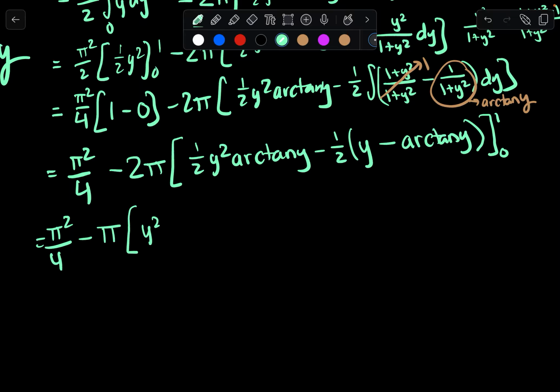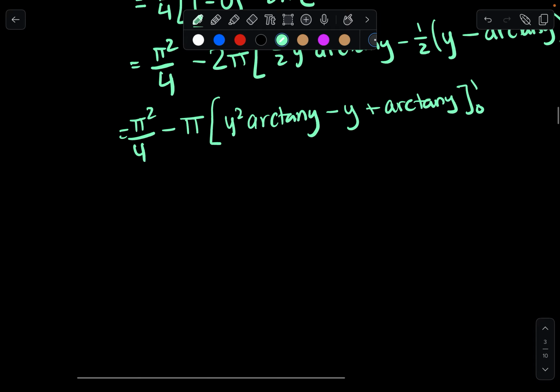All right, so we have y squared arctan of y minus y plus arctan of y. And we are evaluating from 0 to 1. All right, so we have our constant, pi squared over 4 minus pi.